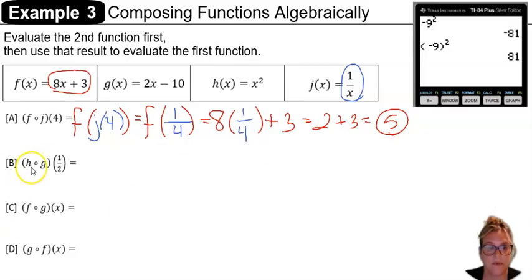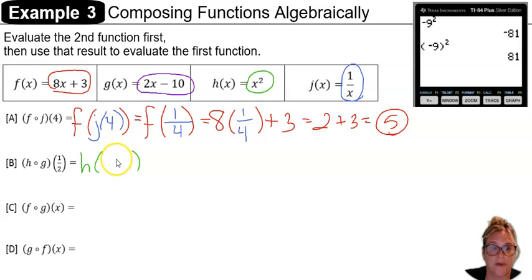So now in example B, we have h composed with g of 1/2. So I'm going to use green for h, and we're going to compose h with g, which I'll make in purple, and g is going to be evaluated at 1/2.